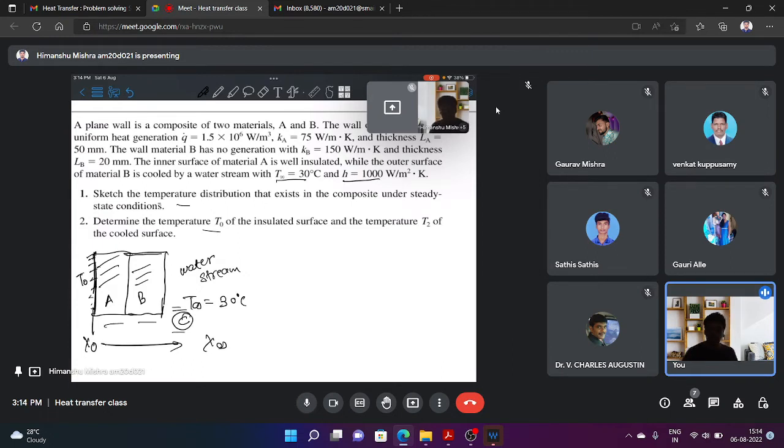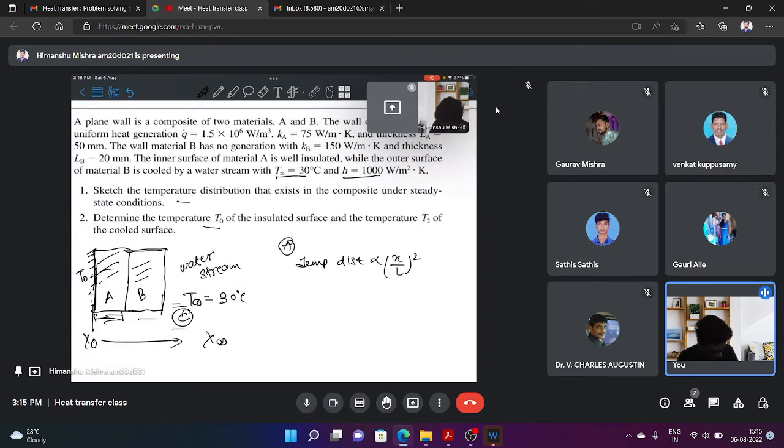For example, in region A, since we have heat generation in the problem, the temperature distribution will actually depend on the square of the thickness of this slab A. So there will be some parabolic temperature variation here.